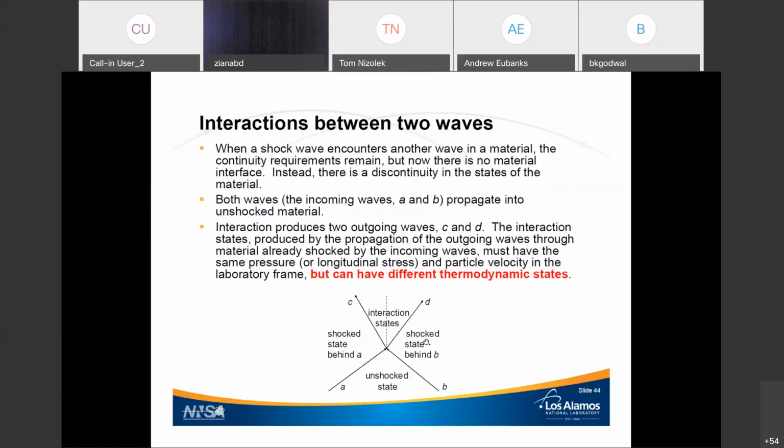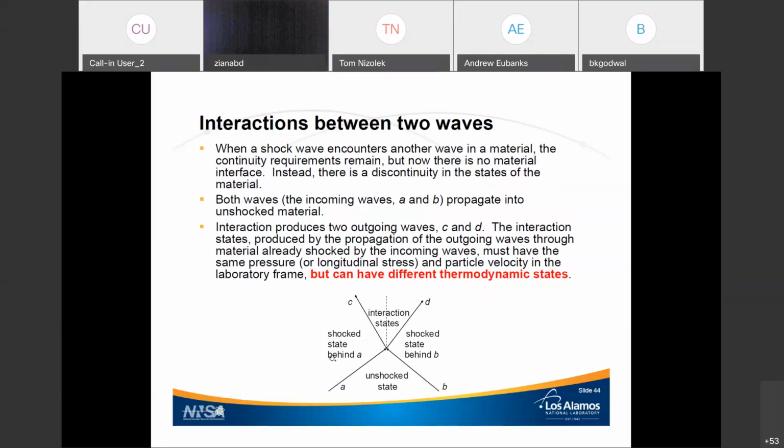Now, you can also have two waves that collide with each other, or one wave that overtakes another wave. You have some state. I've described it here as two shock waves. They don't have to be shock waves, but I've described some unshocked state and two waves that are approaching each other in some reference frame.